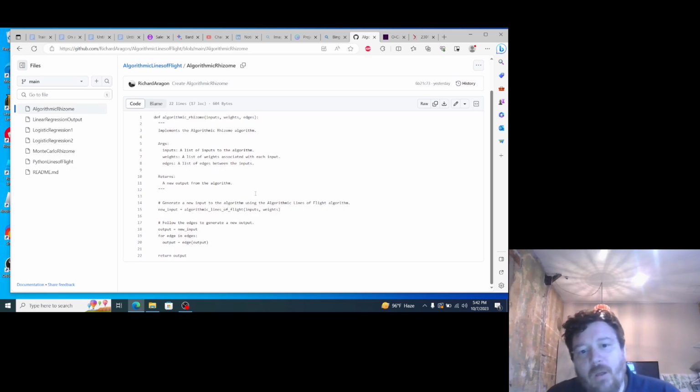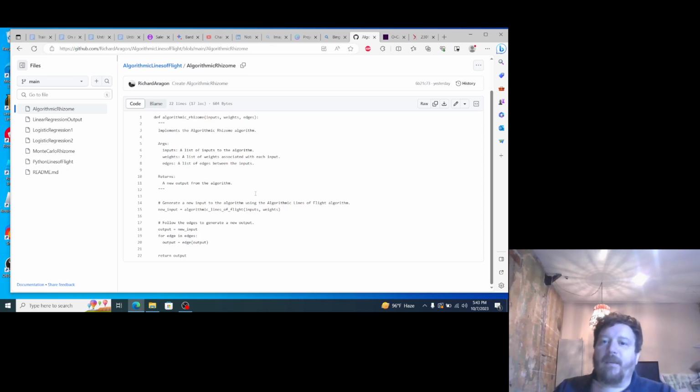And so I wanted to figure out what would be the shape of a rhizome for an LLM model. To me, the shape of a rhizome for an LLM model would be, first, it would take in the arguments from lines of flight and from the mathematical equation of lines of flight.